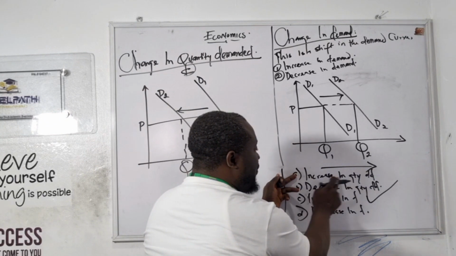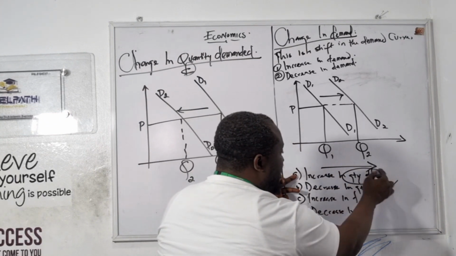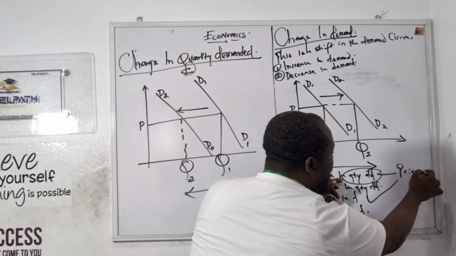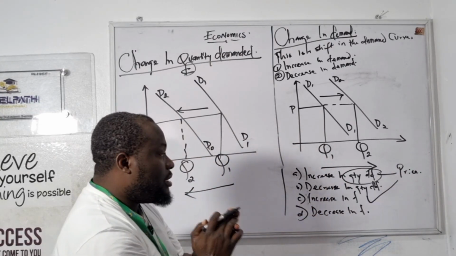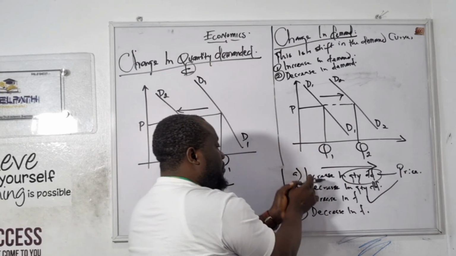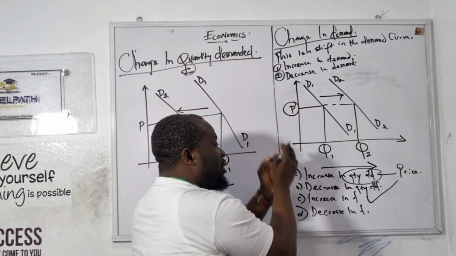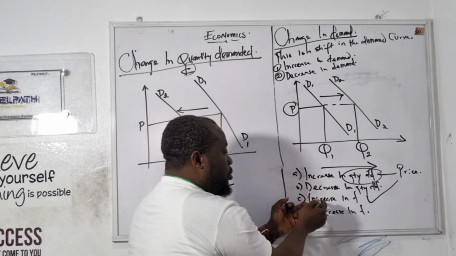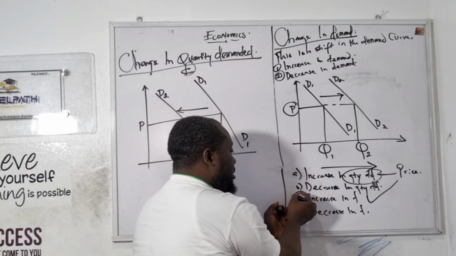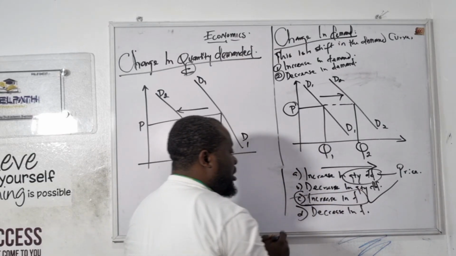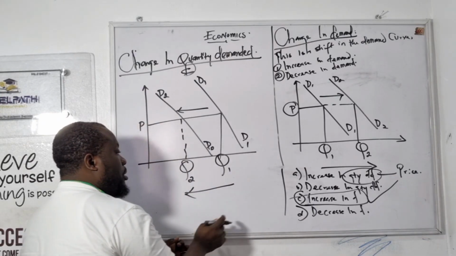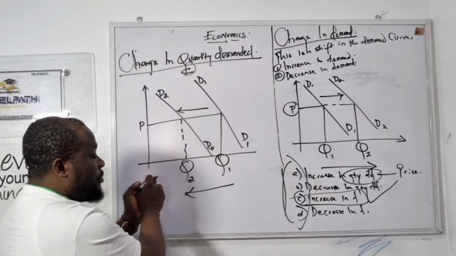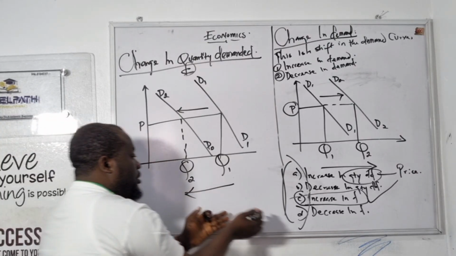Like I said, an increase in quantity demanded is affected by price alone. It's affected by what? Price alone. So in this case, your price is not changing, so price is not affected. So using the same options for this diagram, the answer to this is going to be what?